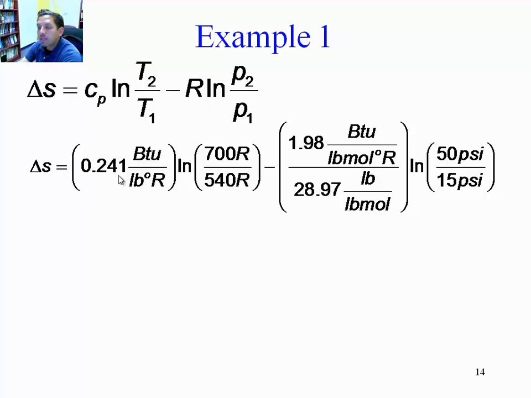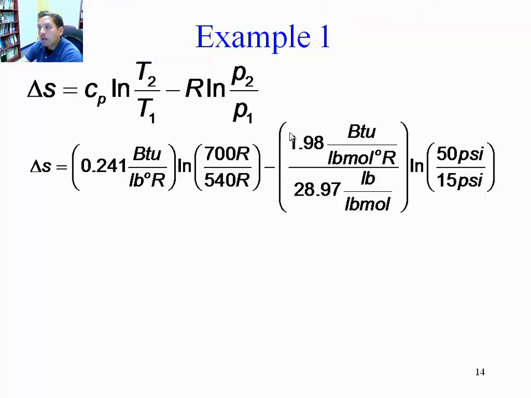Cp is given as 0.241 BTU per pound Rankine. Temperature 2 over temperature 1, the natural log of that. Remember that you must use absolute scales: 700 Rankine divided by 540 Rankine. Never use Fahrenheit.